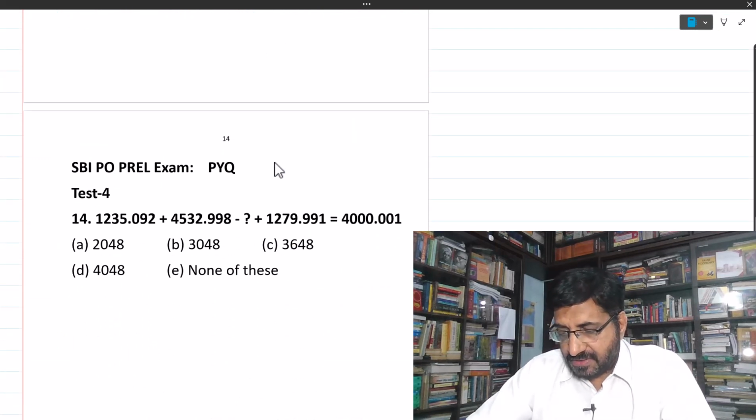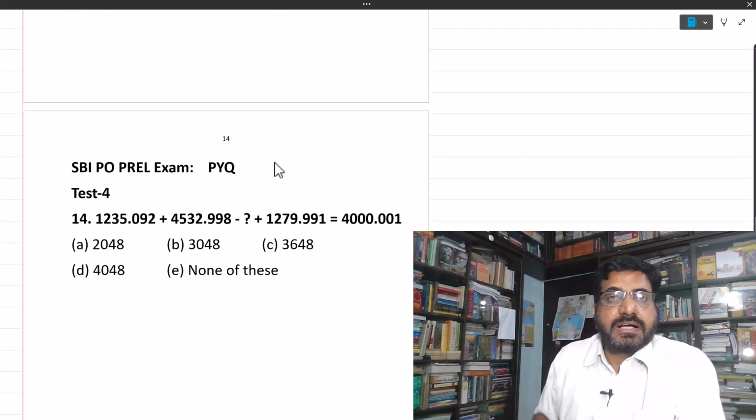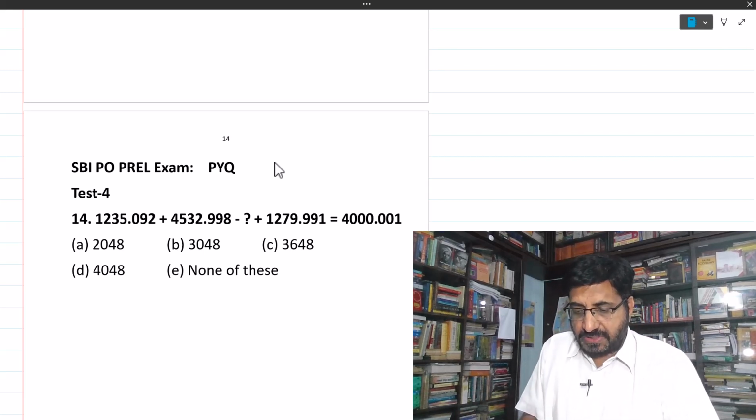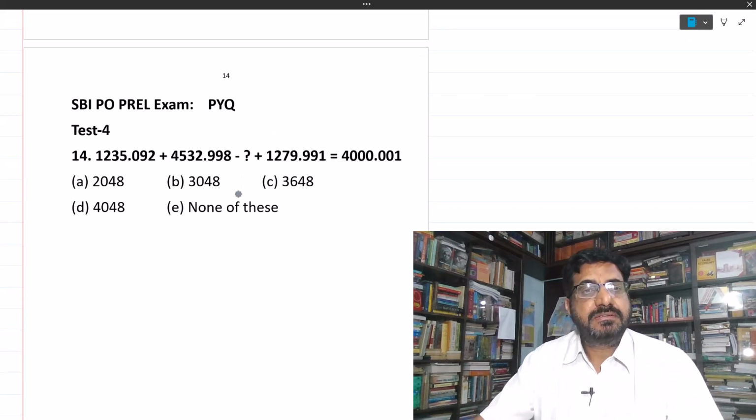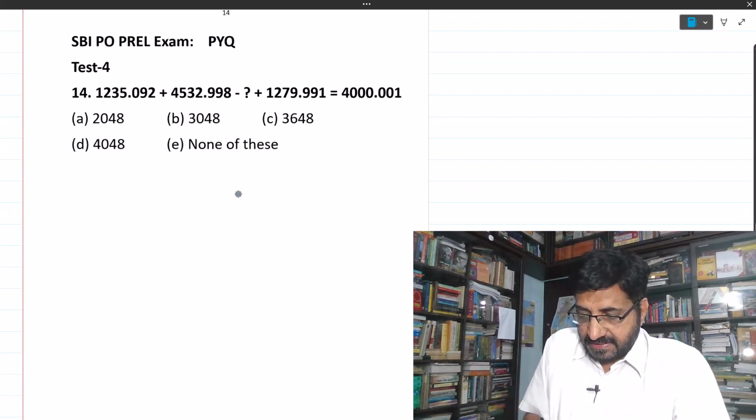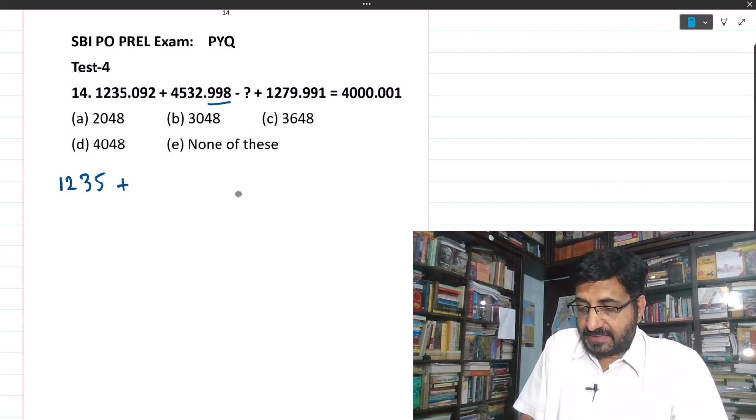Okay, fine. The 14th one is, again, start with approximation. 1235.09 is there, then plus is there. Okay, you can neglect that. So you can write it as 1235 plus 0.99 is there. So this is almost equal to 1.